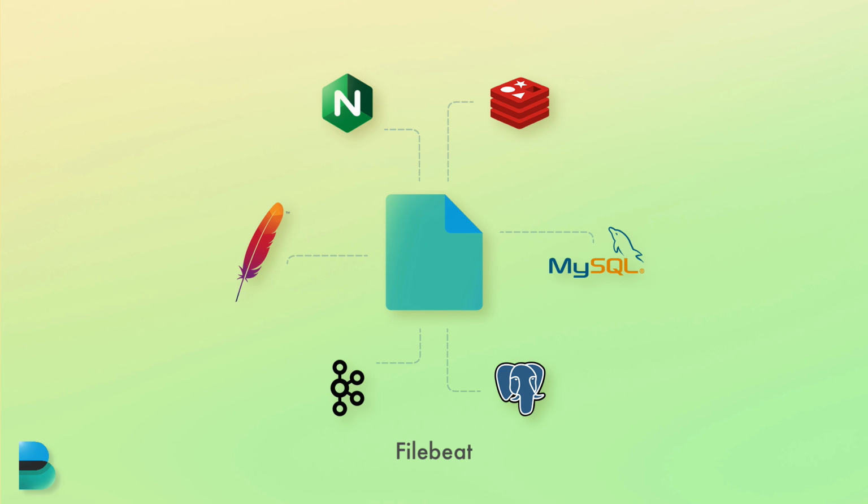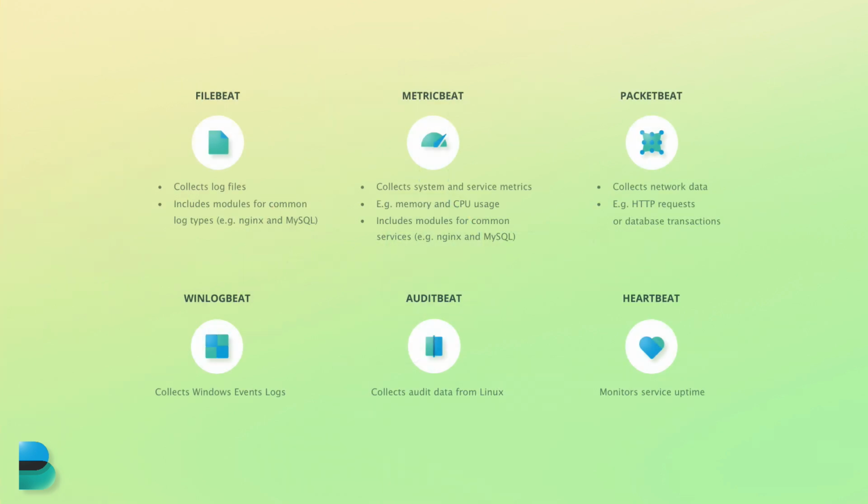FileBeat ships with modules for common log files, such as Nginx, the Apache web server, or MySQL. This is very useful for collecting log files such as access logs or error logs. Another beat worth mentioning is MetricBeat, which collects system level and or service metrics. You can use it for collecting CPU and memory usage for the operating system and any services running on the system as well.